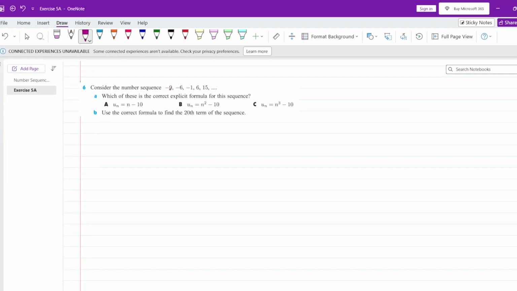Consider the number sequence -9, -6, -1, 6, 15. Which of these is the correct explicit formula for this sequence? So A says un equals n minus 10.